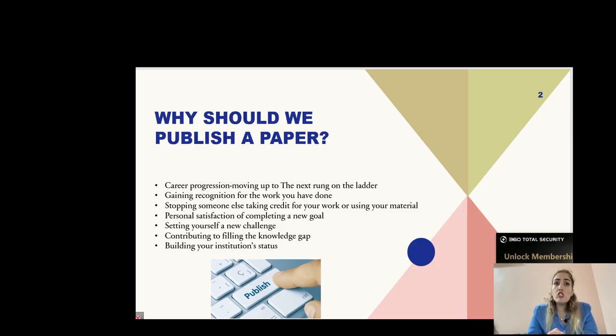And if you work in academia, you make progress in your career to the next rung on the ladder. All of these help explain why you should publish your paper and why you should know how to write.